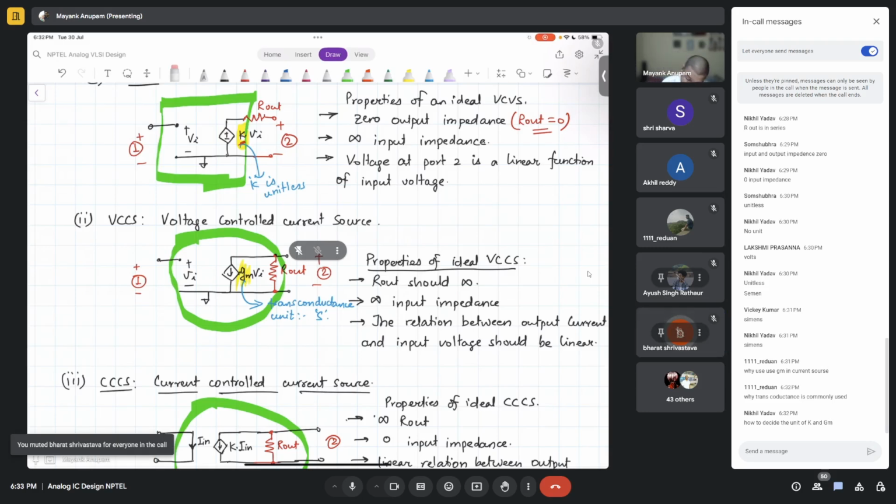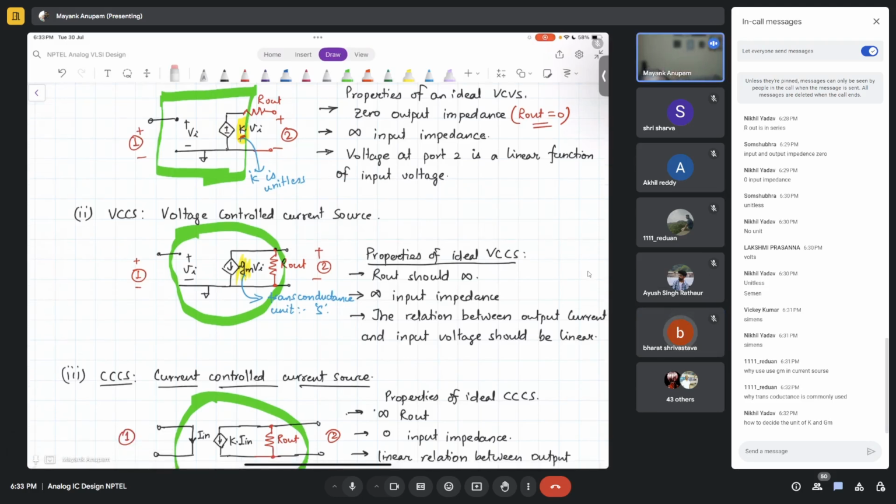So basically, why is transconductance commonly used? See, basically here it's a voltage controlled voltage, sorry, it's a voltage controlled current source. So input is voltage, output is current. So what kind of relationship do we have? It's not a simple proportional relation, right?